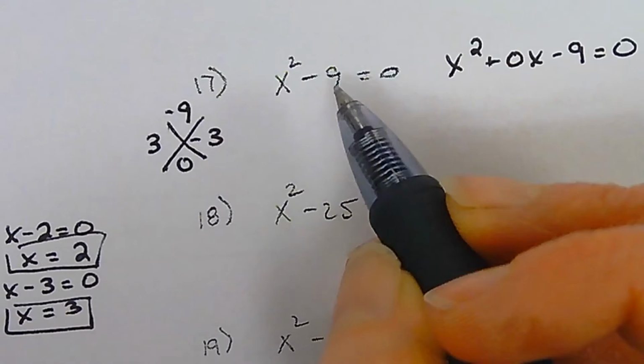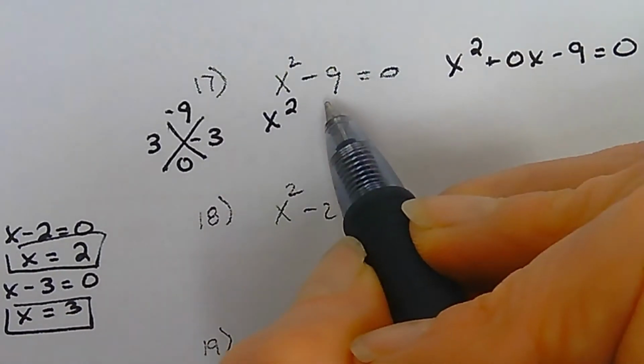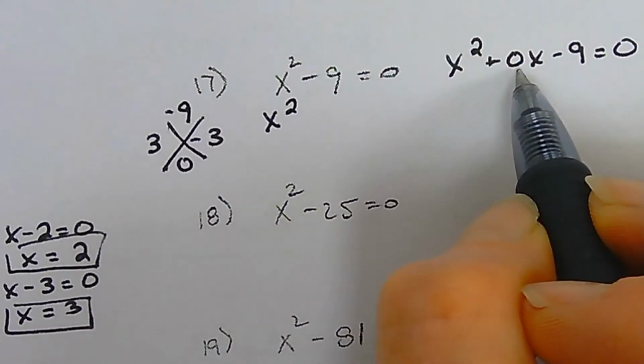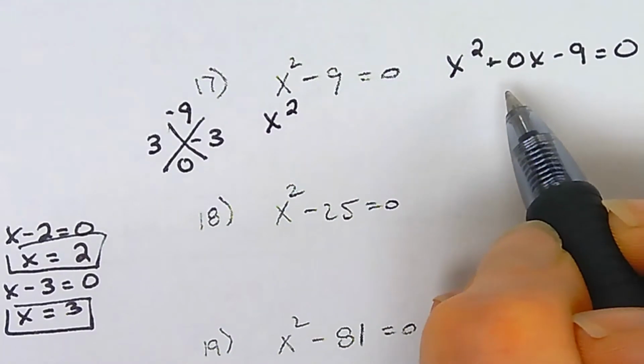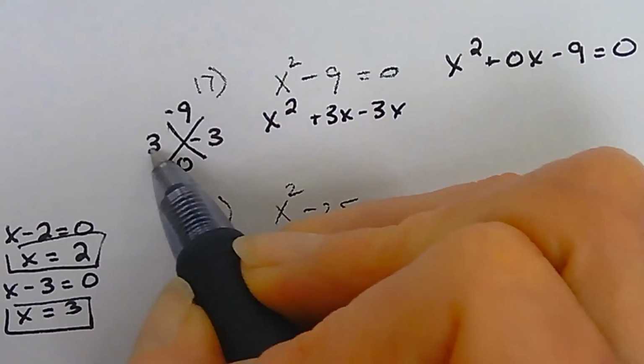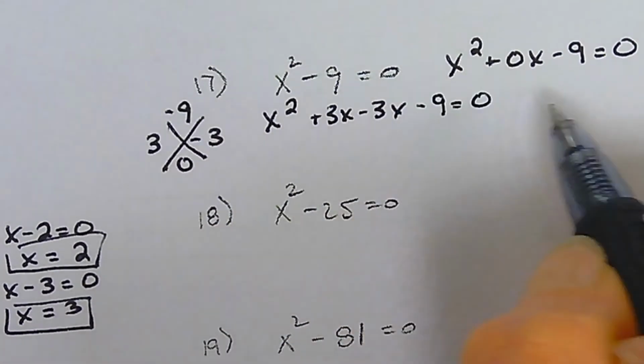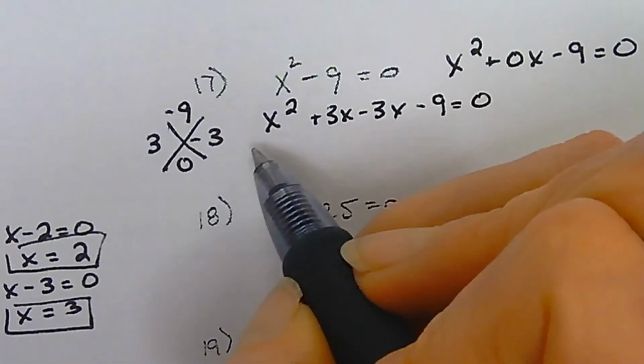These two numbers will be the same, just different signs for any of these ones where we have a difference of 2 squares. Okay, I can rewrite the first term, and then the middle term, which would have been 0x, will now be rewritten as plus 3x minus 3x, using those coefficients for the middle term. And then the last term gets written here, equals 0. Factor by grouping.